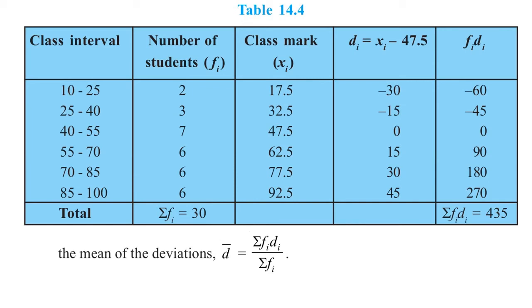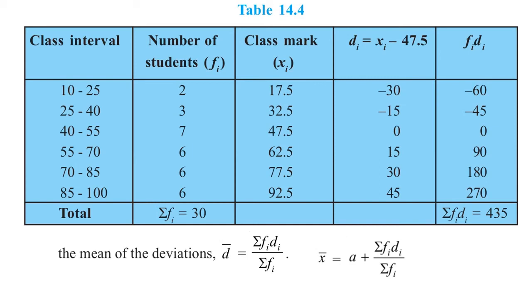Since in obtaining D, we subtracted A from each xi, in order to get the mean x bar, we need to add the A to D bar. So then the mean is going to be A plus sigma Fi di over sigma Fi.